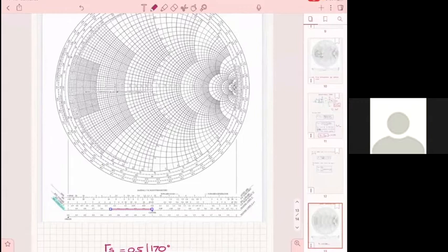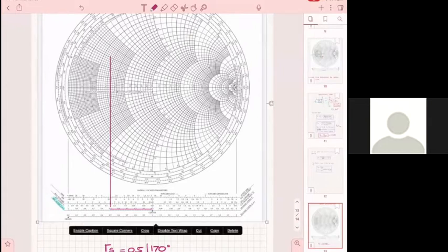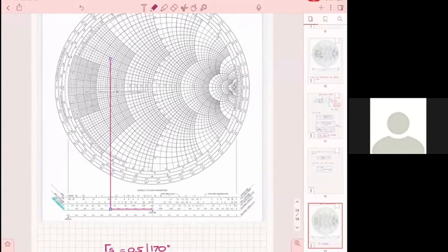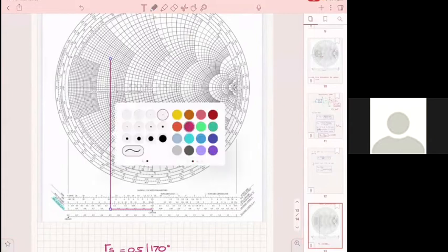The process is the same, finding reflection coefficients. We draw a line that goes there, and let me make this line dotted.